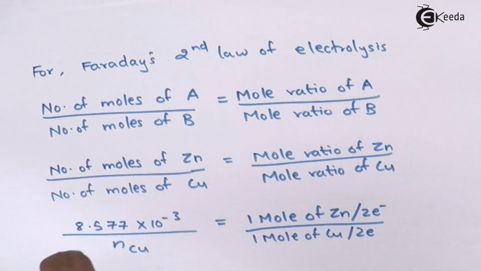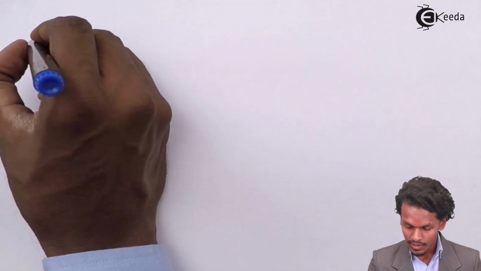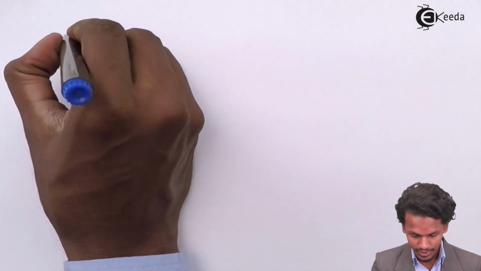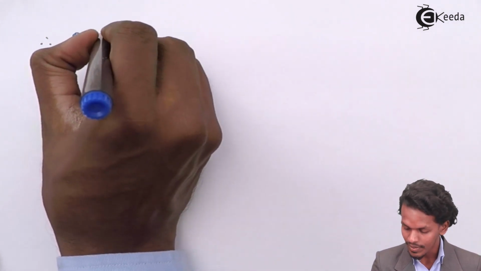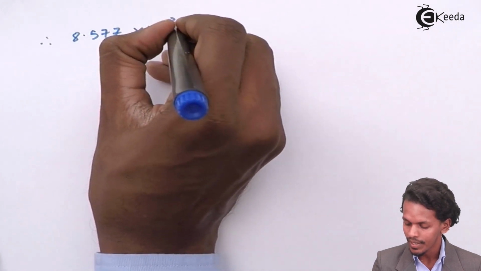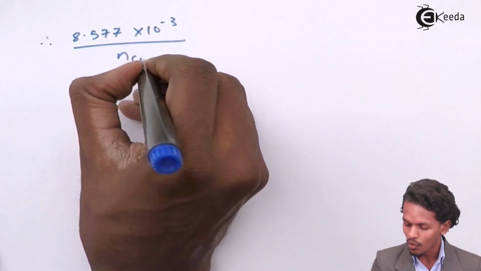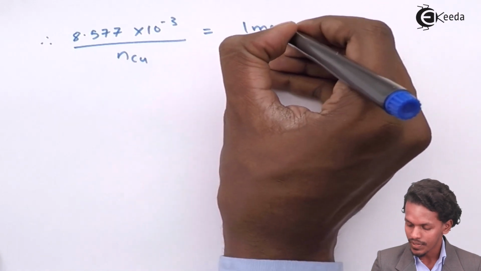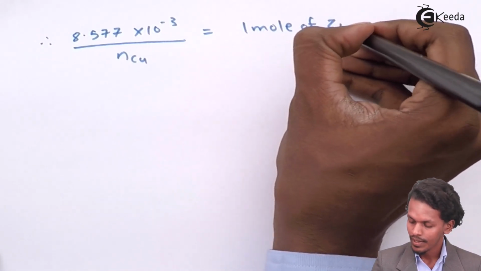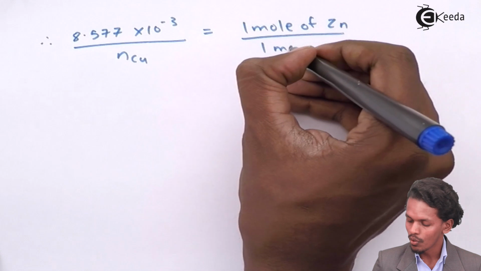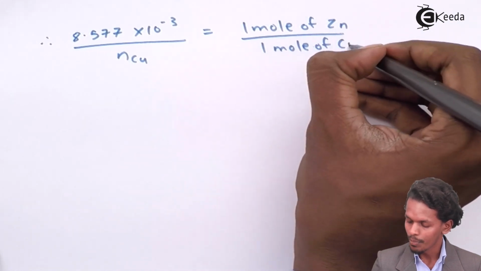So let us do it. The 8.577 into 10 raised to minus 3 divided by the number of moles of copper is equal to 1 mole of zinc divided by 1 mole of copper.